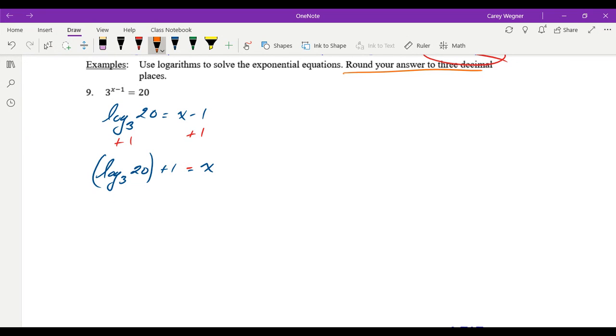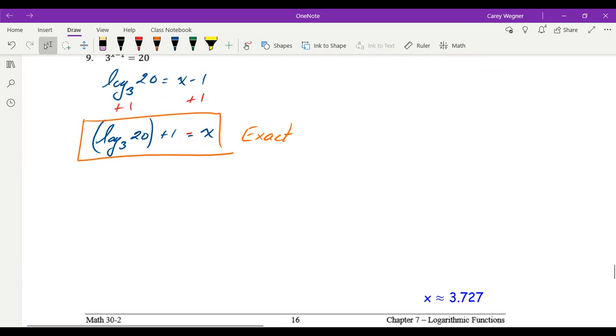If we wanted an exact value answer, this is what we would leave. So this would be an exact value solution. But rounding to 3 decimal places, this is what we would do, and we'd get x is approximately equal to 3.727.